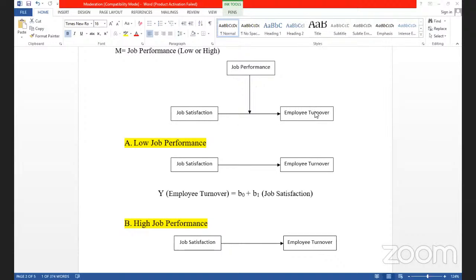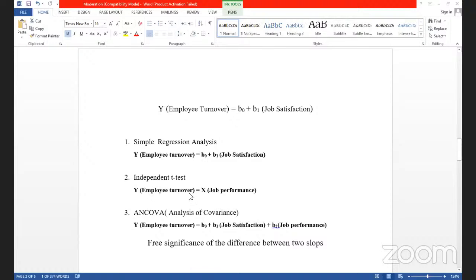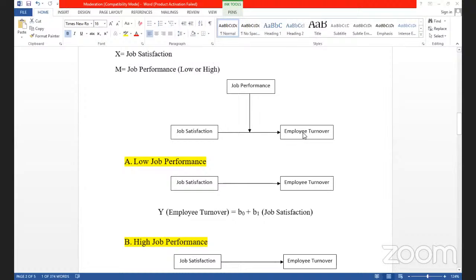Through employee turnover and job satisfaction, we will check whether there is a significant difference or not. Second, employee turnover and job performance, we will find the relationship between them. There are two types of job performer: low job performer and high job performer.